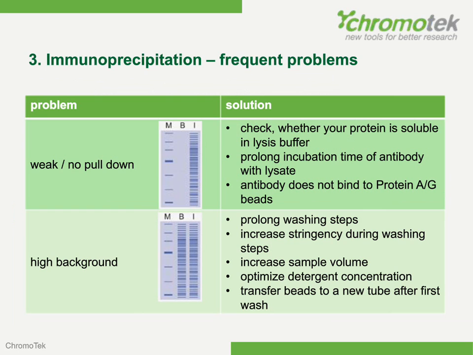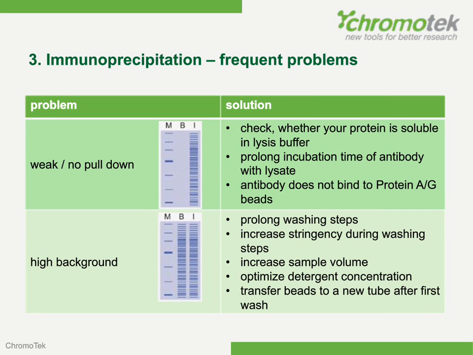Well, after finishing your IP experiment, you normally check by Western blot or Coomassie whether your IP was successful. And if it was successful and you see your protein of interest in the bound lane, everything is fine. But as I mentioned, often two problems occur.